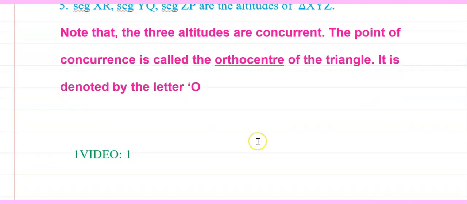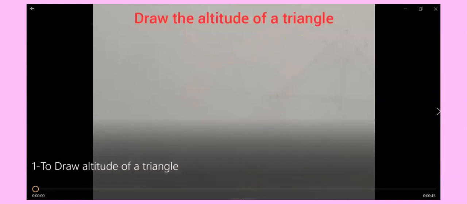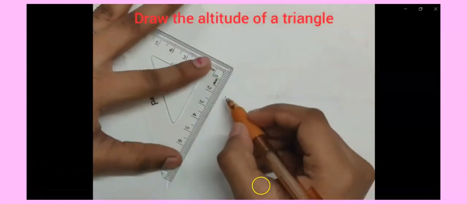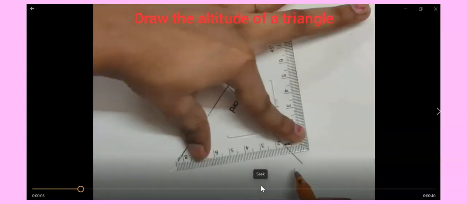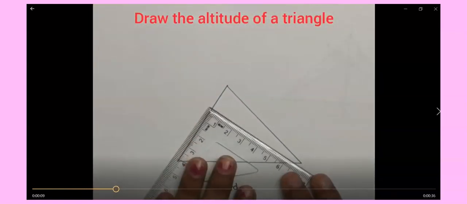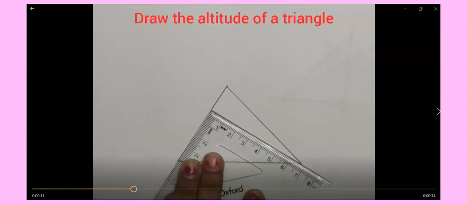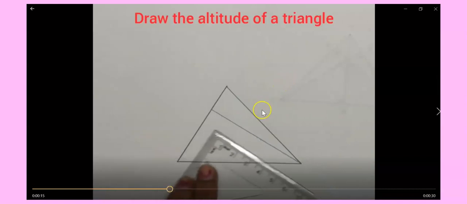Now let us see how to draw these altitudes by using the set square. Draw the altitude of a triangle. Now see this figure, how to draw. First draw any triangle. It is the first altitude.